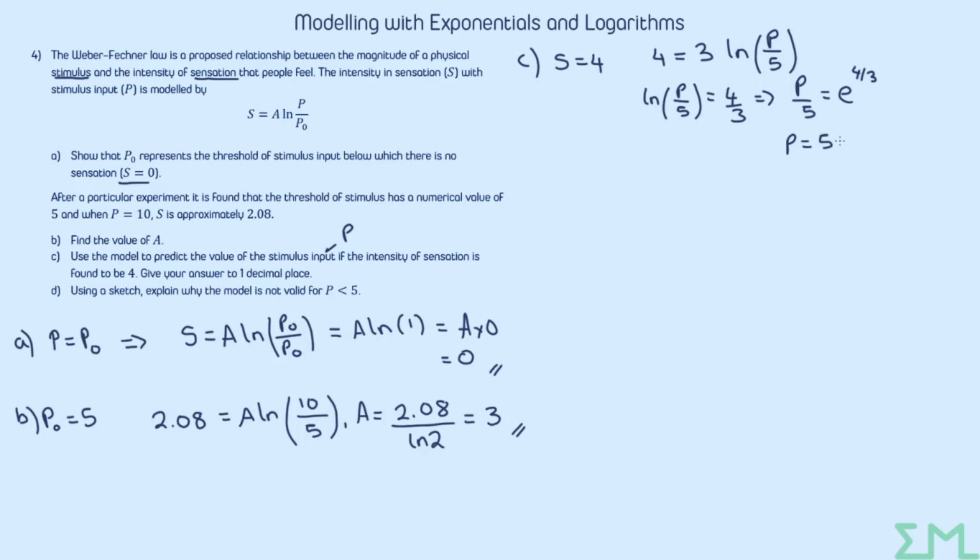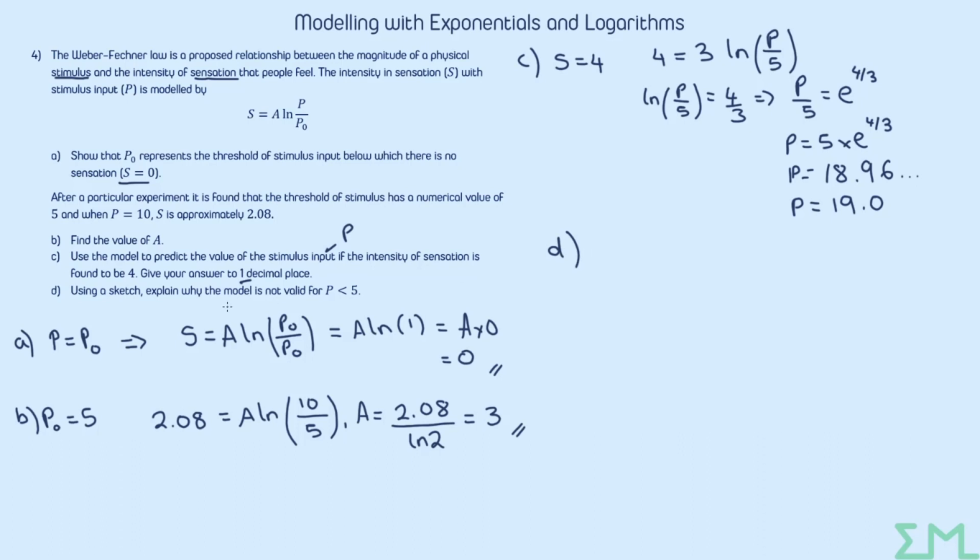And then if we multiply up by the 5, we have now got the value of P. So this comes out as 18.96, etc. What does it want? 1 decimal place. So that would be 19.0. There's no units to give in this question, so we are done there. The value of the stimulus input would be 19.